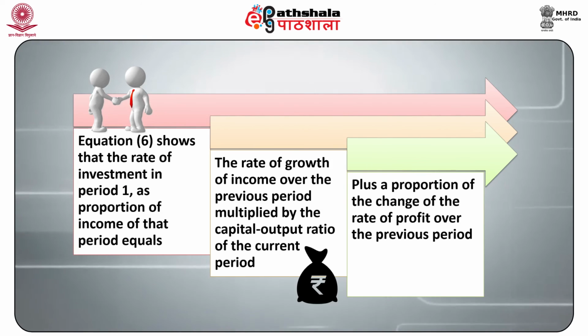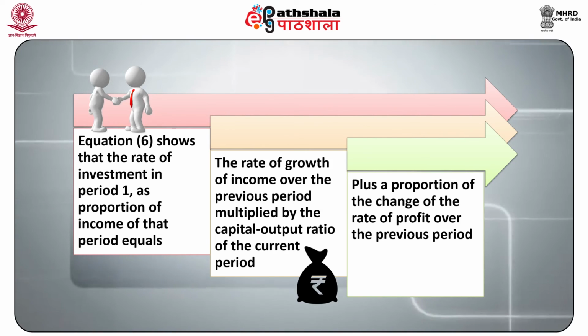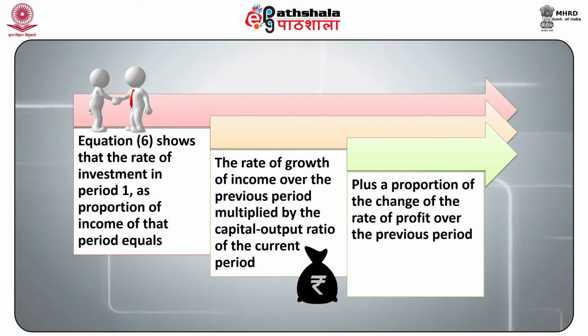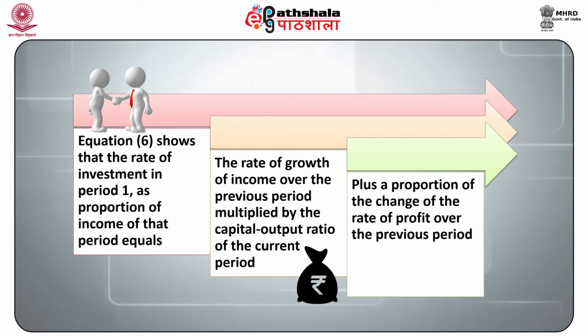Equation 6 shows that the rate of investment in period 1 as a proportion of income of that period equals the rate of growth of income over the previous period multiplied by the capital output ratio, plus a proportion of the change in the rate of profit over the previous period.